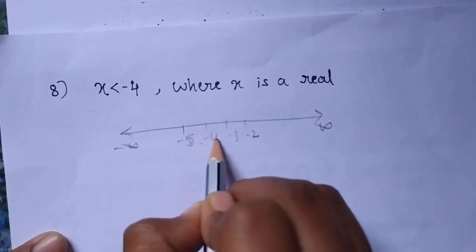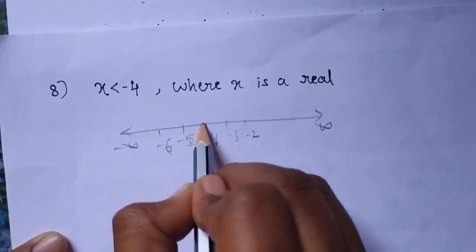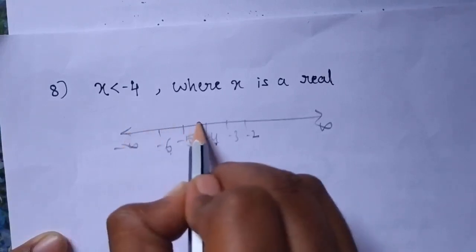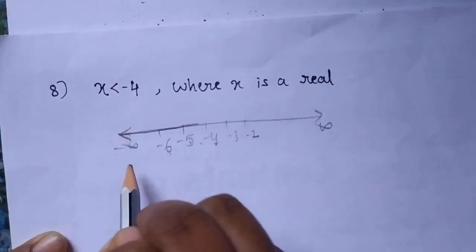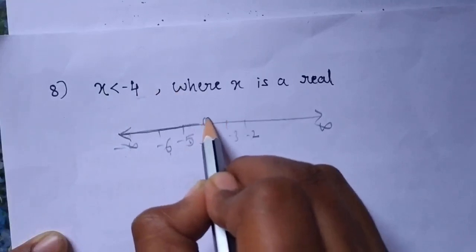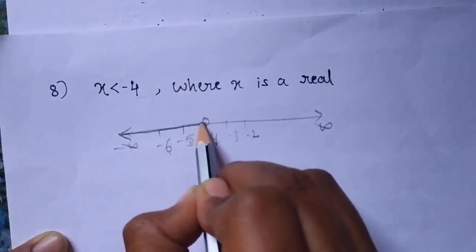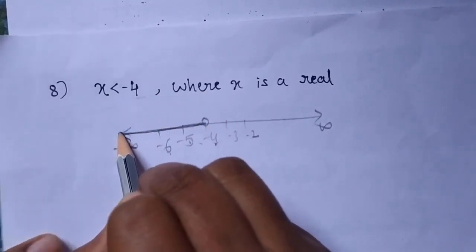Minus 5 is less than minus 4, minus 6 is less than minus 4. So from minus 4 to the left side, I will just darken the line up to minus infinity. And minus 4 is not included, so draw a circle at minus 4. From the circle, we darken the line up to minus infinity.